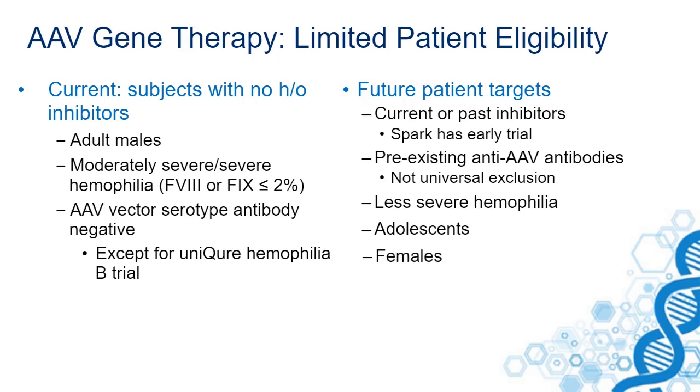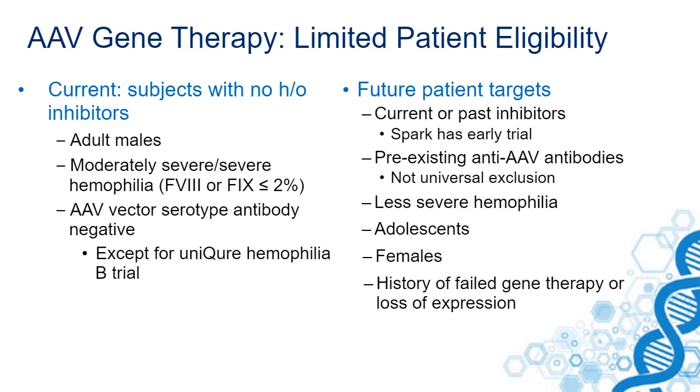There are females with severe hemophilia, and that also is being loosened a bit, with some protocols allowing females. And then the patients who lose expression, or were in the early phases of study and did not get a result, also there's not an answer for them in terms of AAV therapy, and there are not other approaches for gene therapy in hemophilia that are at the same phase.